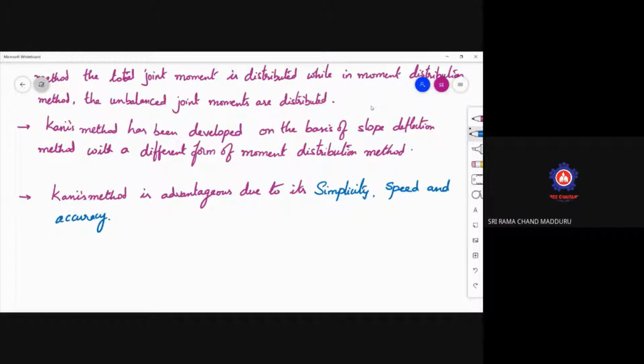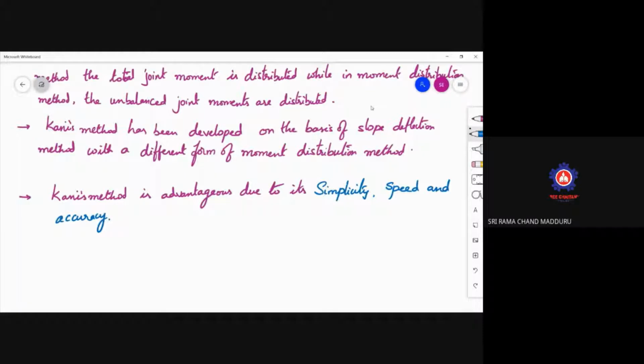The salient features of Kani's method, which was developed by Gaspar Kani in 1947 from the slope deflection method, using the equations of the slope deflection method, is a different form of moment distribution method.